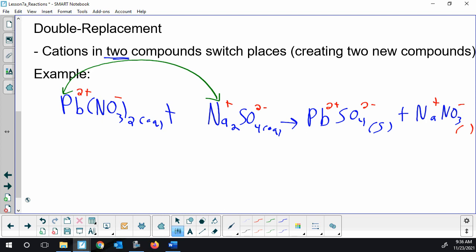If you find nitrate in your solubility table, I'm pointing to mine, this is the Chem 2030 version. If you find nitrate and you go down, there are no nitrates that are solids. And that's really useful to know. You don't even need this table for nitrates. Okay? You see any nitrate, you're writing aqueous every single time.